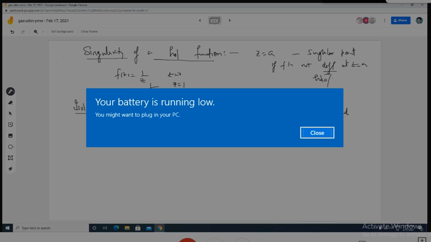Okay. Now let us think of the expansion of this function.